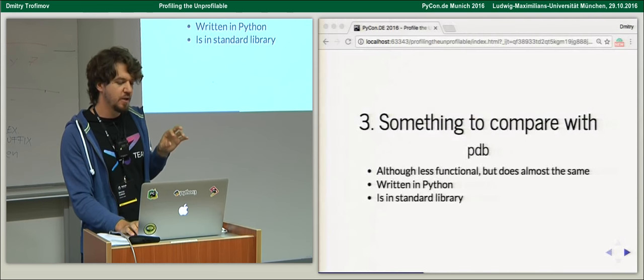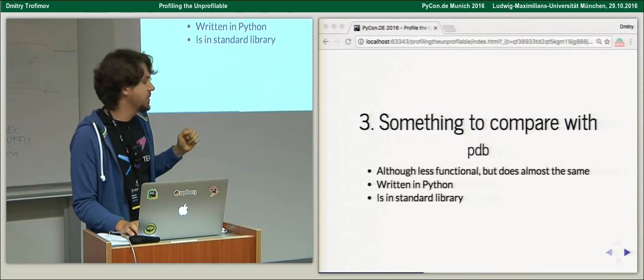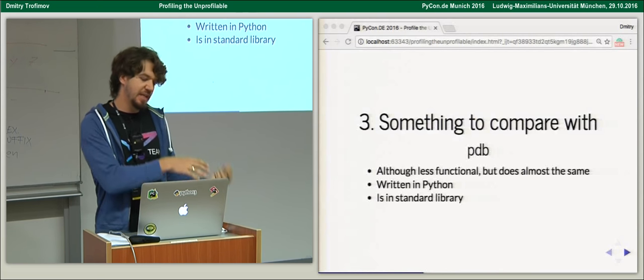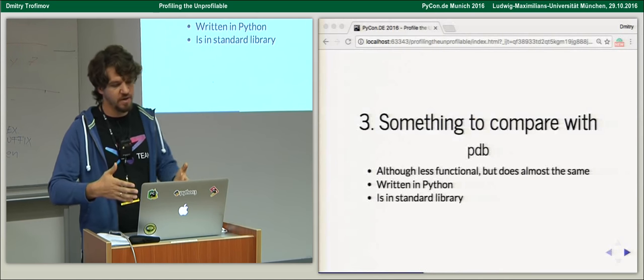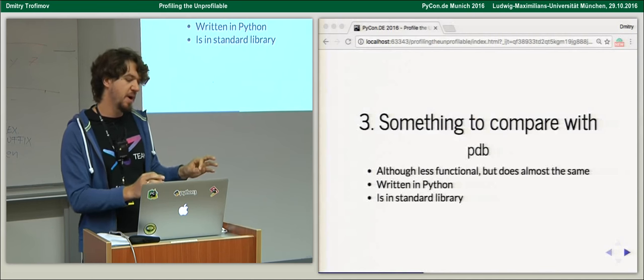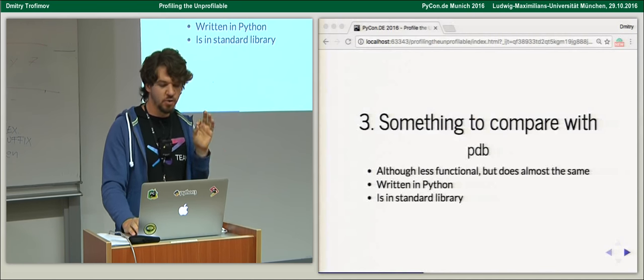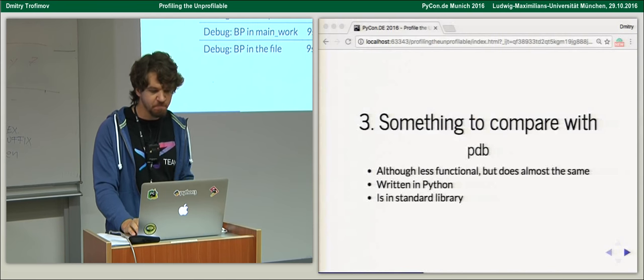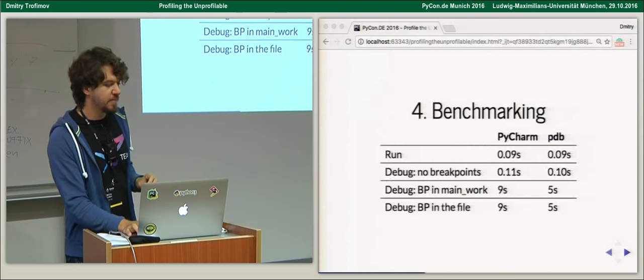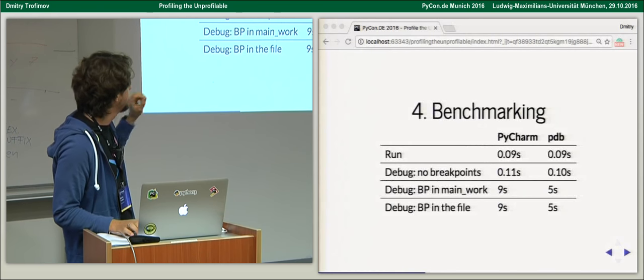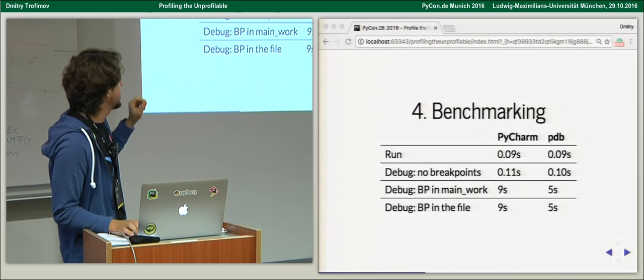So we take PDB to benchmark our debugger, because PDB is a bit less functional, but it still has basic functionality that is sufficient for our case. It's also written in Python. It is in the standard library. So let's compare our application that we want to optimize with PDB. After we run our measurement on PDB, we get these values.